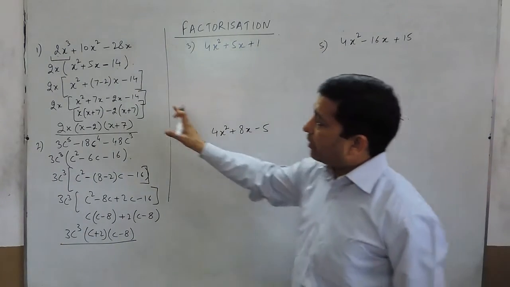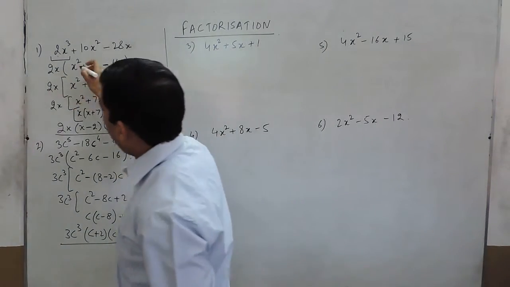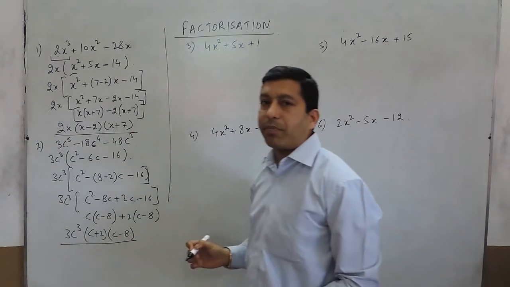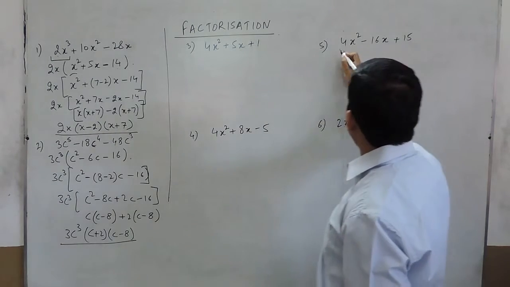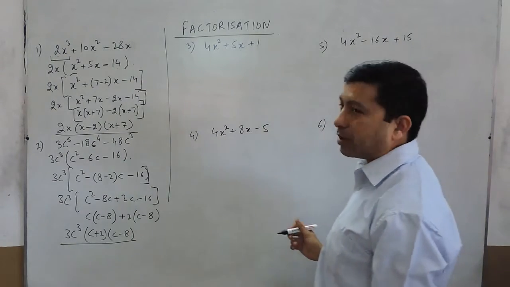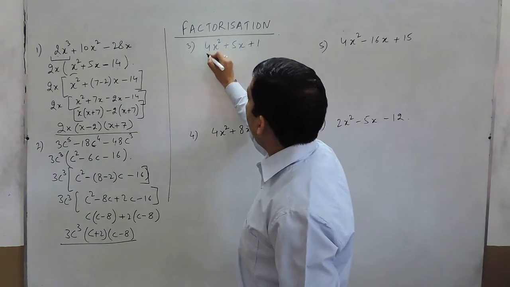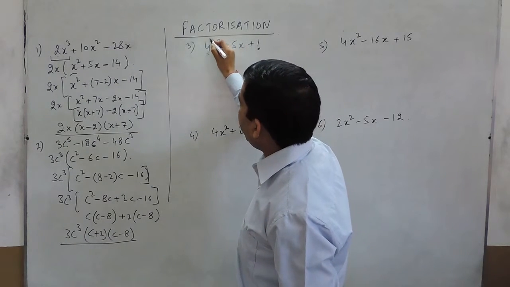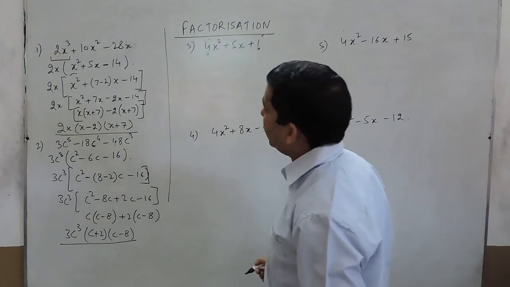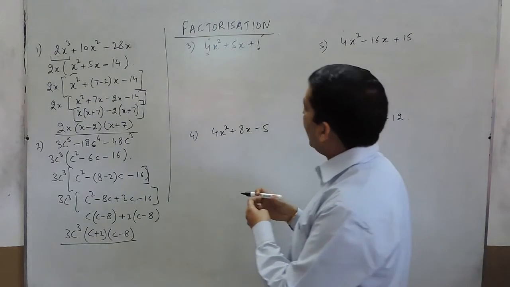Now here we have taken something common so that the coefficient of the first term becomes 1. Here we cannot take anything common so that the coefficient of the first term becomes 1. So here we have to keep one thing in mind, that the coefficient of x square and the constant term has to be multiplied together.